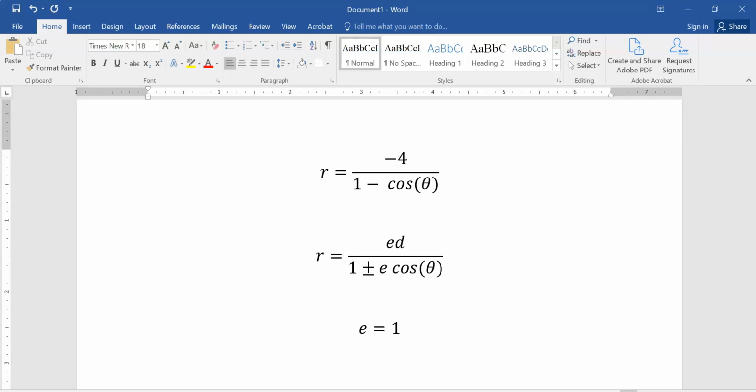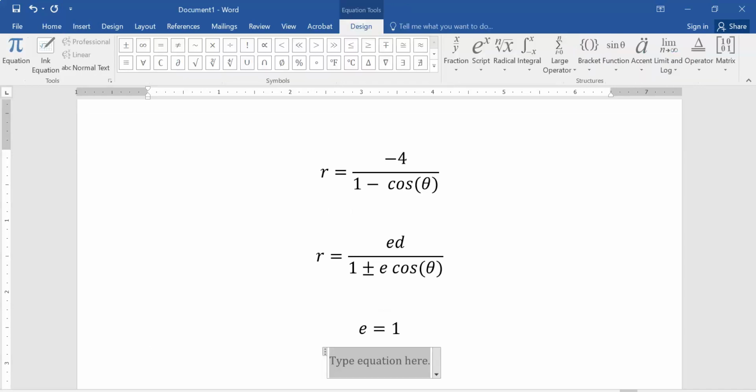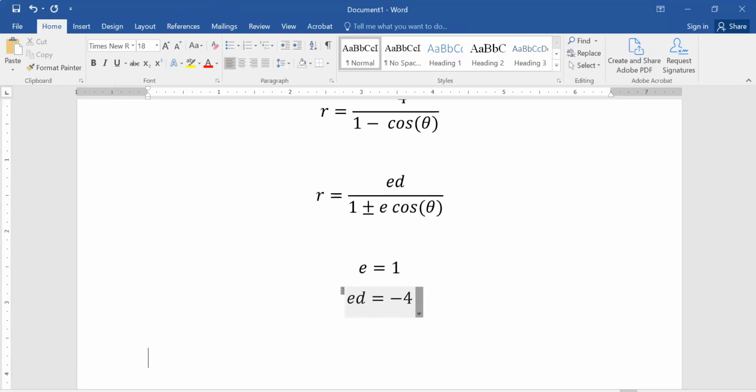And the D, the distance between the pole and the directrix: if ED is equal to -4 and E is equal to 1, then D has to be -4. So there you go.